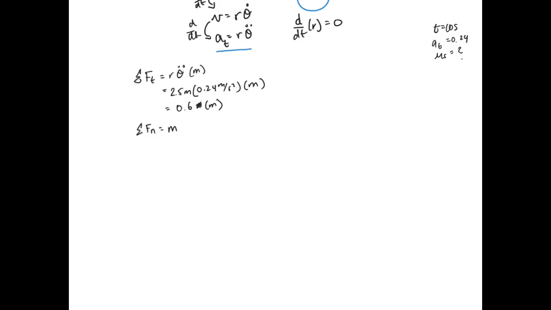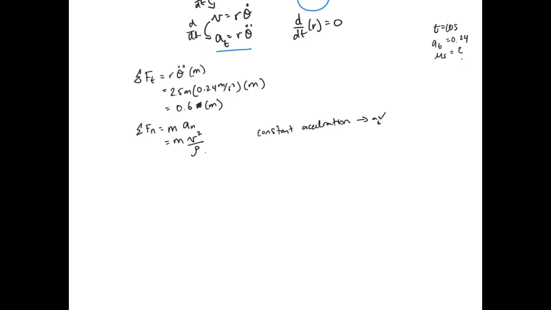So the normal force will be mass times acceleration in the normal direction. And acceleration in the normal direction is equal to the speed squared over rho. In this case, we don't know the v yet, but we do know the rho. So can we figure out the v? Of course we can, because we have constant acceleration, and we know the acceleration.